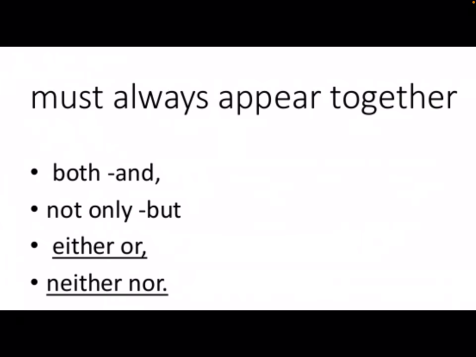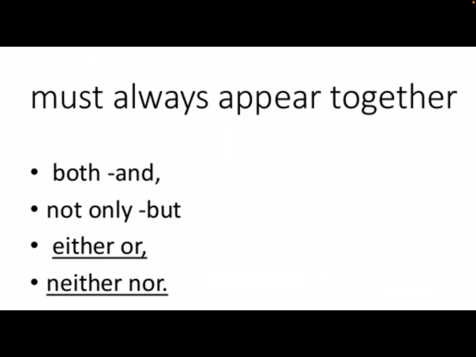These must always appear together in a sentence: both and, not only but, either or, neither nor. In one sentence we must use both of them because they help each other.